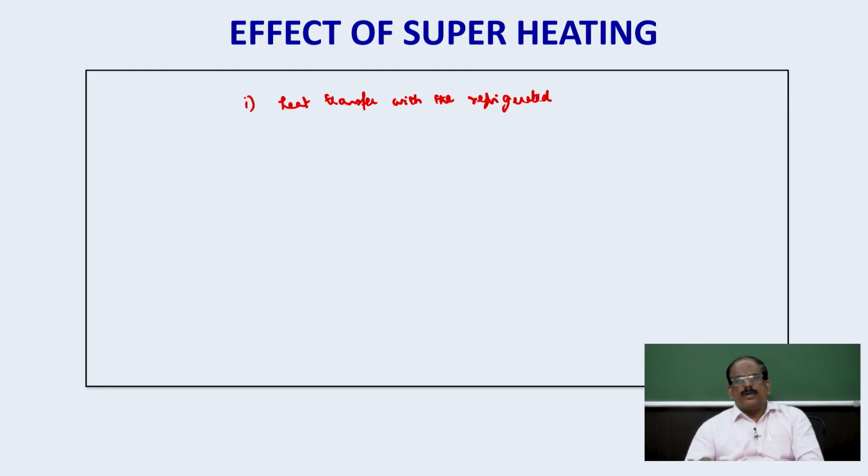So it is possible to superheat the refrigerant vapor by a few degrees, not to a larger extent, with the refrigerated space. If this type of superheating takes place, then this increases the refrigerating effect.